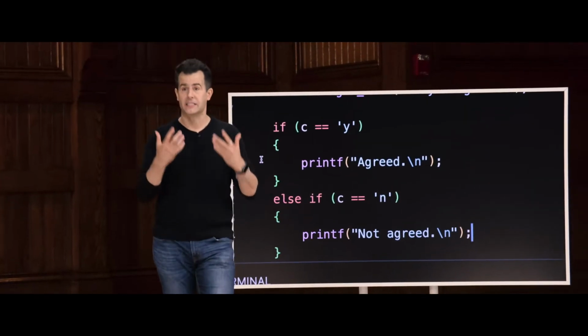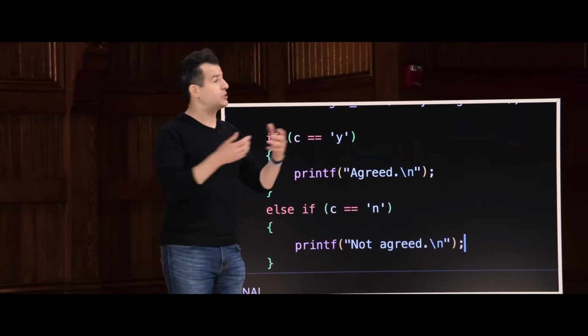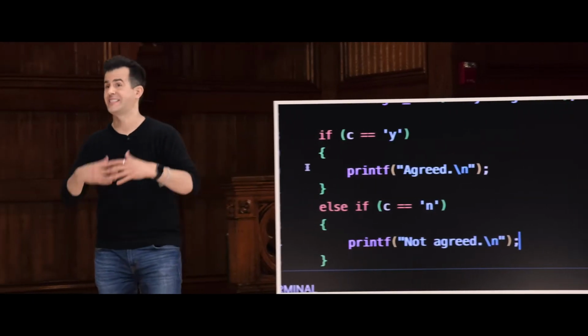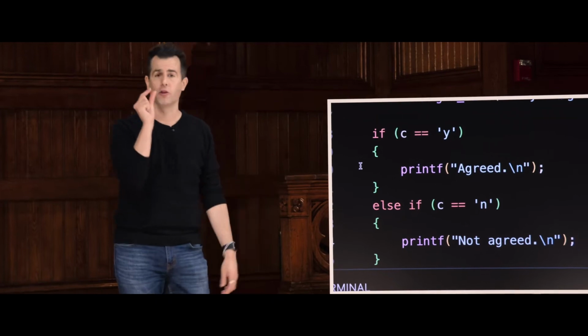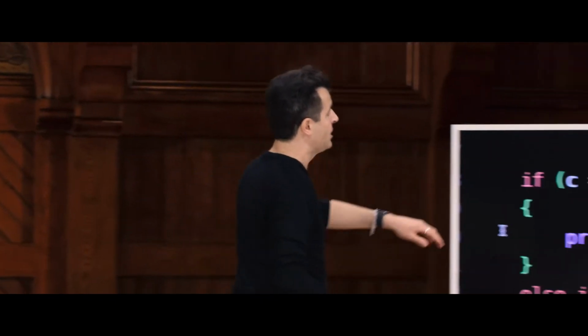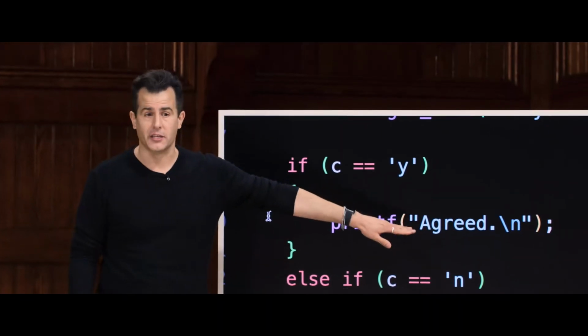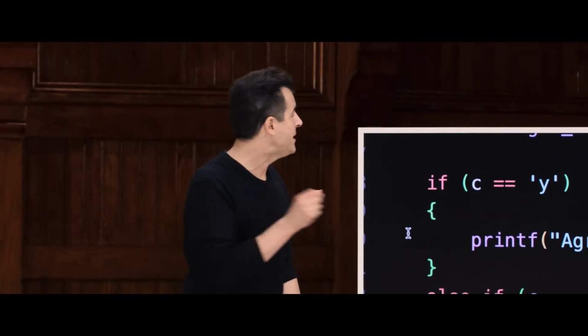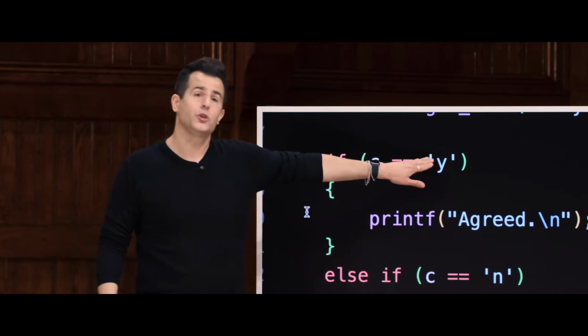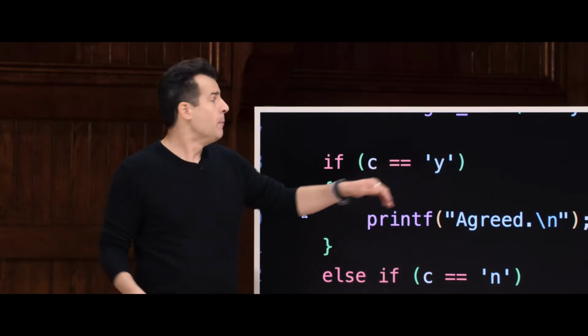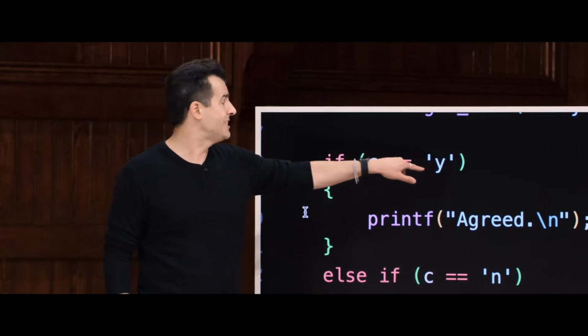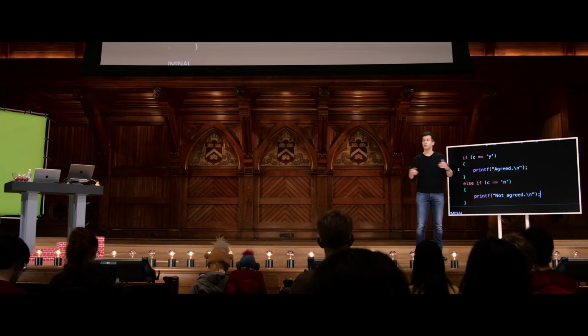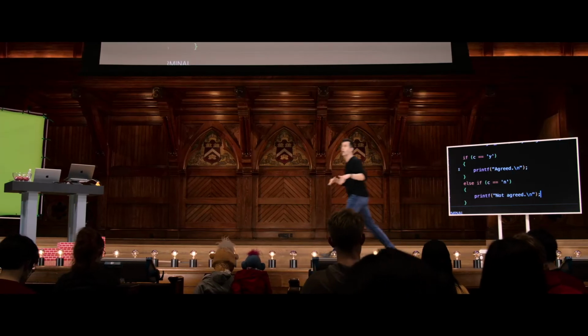This is a necessity in C. When you're dealing with strings, like strings of text, like someone's name, a sentence, a paragraph, anything really more than one character, you typically use double quotes. And indeed, you must. When dealing with deliberately single characters, like I am here for y or n, you must use single quotes instead. Why? Because that makes sure that the computer knows that it's indeed a char and not a string. So double quotes are for strings, single quotes are for chars.